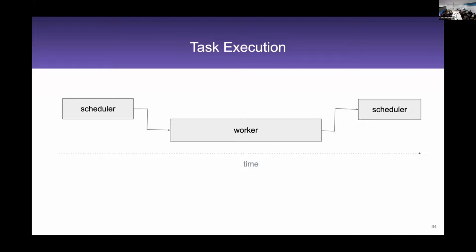That's fine, but the problem here is that your task is not running inside Airflow. It's running on some external system, maybe Spark or an EMR cluster, or somewhere else. So your worker is just waiting for your task to complete, doing nothing, but blocking other tasks.